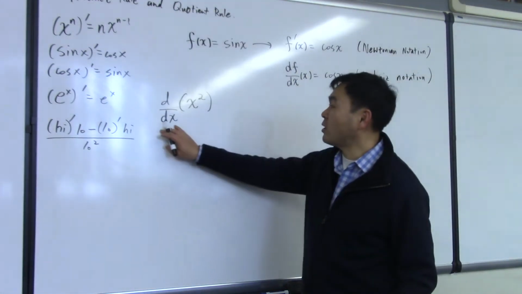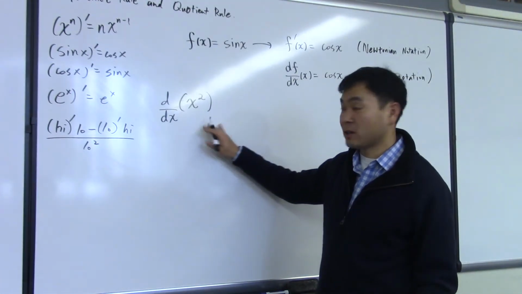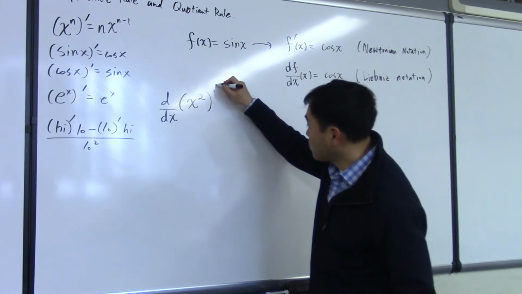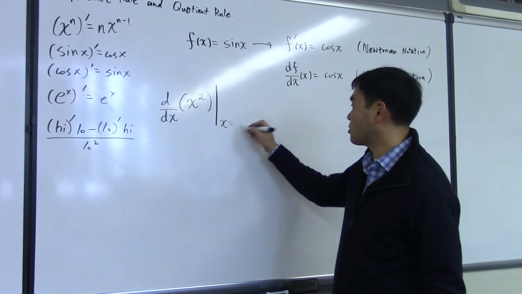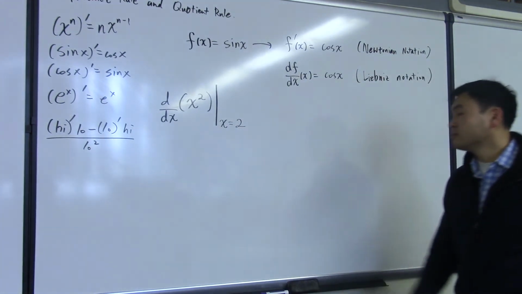So you have to evaluate after differentiating. In that case, you use this symbol, a bar with x equals some number. So suppose we have 2 or something.